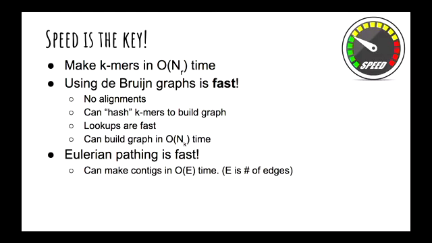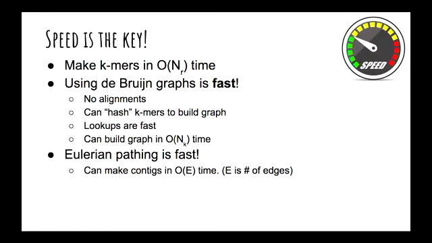It's actually really, really fast, and we can build the graph in O(K) time, where K is the number of unique k-mers. So it's very, very fast to build. And Eulerian pathing is also very fast. We can build contigs out of our graph in O(E) time, where E is the number of edges in our graph, because remember, we only have to visit each edge once when we find an Eulerian walk through our graph.